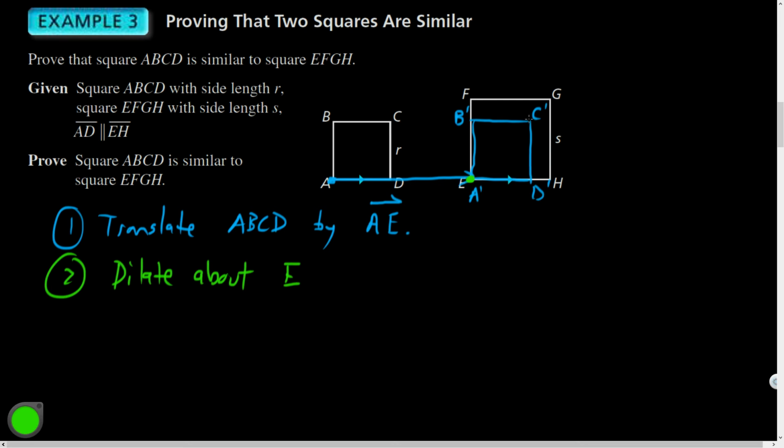It has to be whichever corner they're both already mapped on. If I had translated from here to here, then I would have dilated from there. And then I'll Mario mushroom grow this square. So dilate about point E by scale factor.